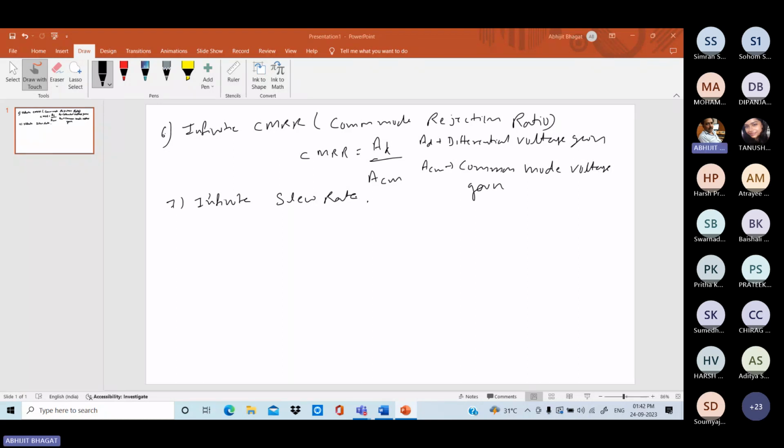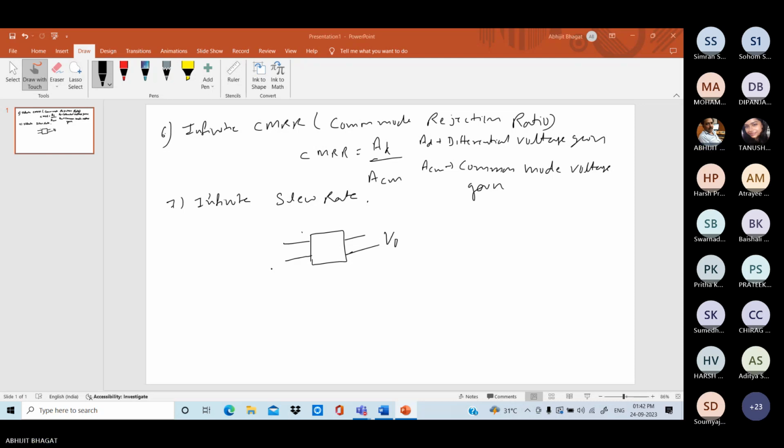Now what is slew rate? Slew rate defines that for any type of amplifier or device, suppose there is an op-amp, you supply the input signal and you get the output signal. First the input signal is supplied, then it is processed, then you get the output signal.